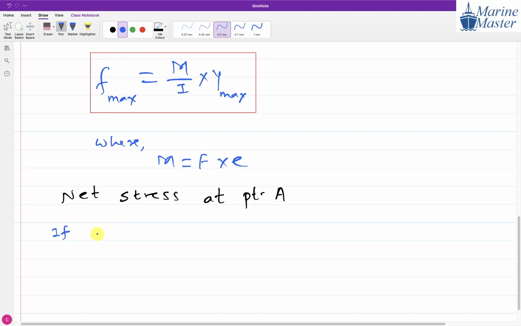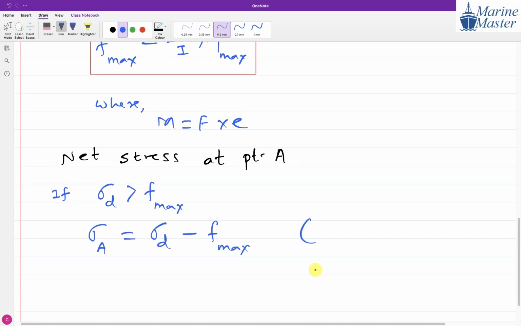If direct stress is greater than bending stress, then the net stress at point A will be sigma D minus F max. And which will be the nature here, guys? Tensile, because of the nature of the direct stress, whichever has the higher value.